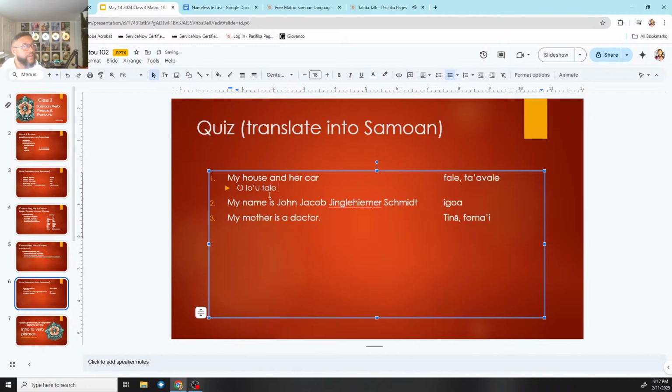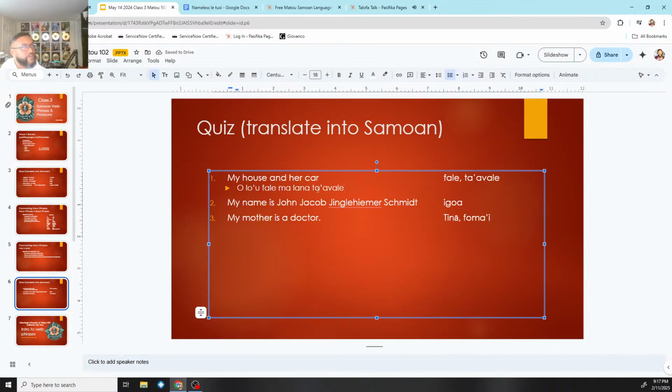And then we have the word and, and then her car. So remember our limiters again. Her, his, or its is going to be lona or lana. We're talking about a car, so it's going to be lana, A class. And we'll talk about A class and O class stuff. All right, so o lo'u fale ma lana ta'avale. Ta'avale.